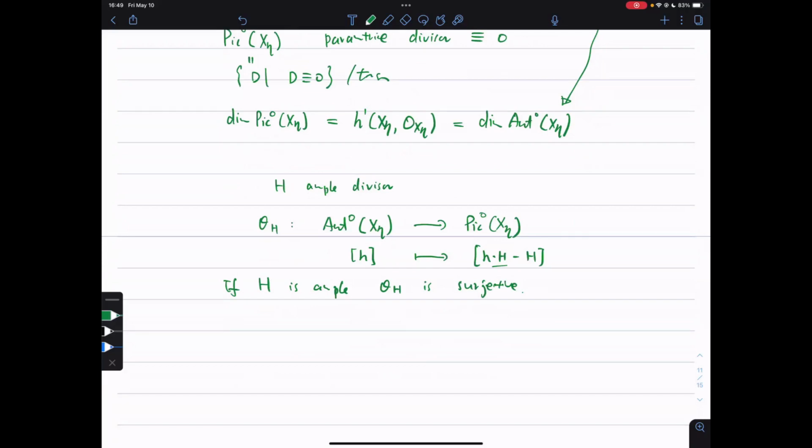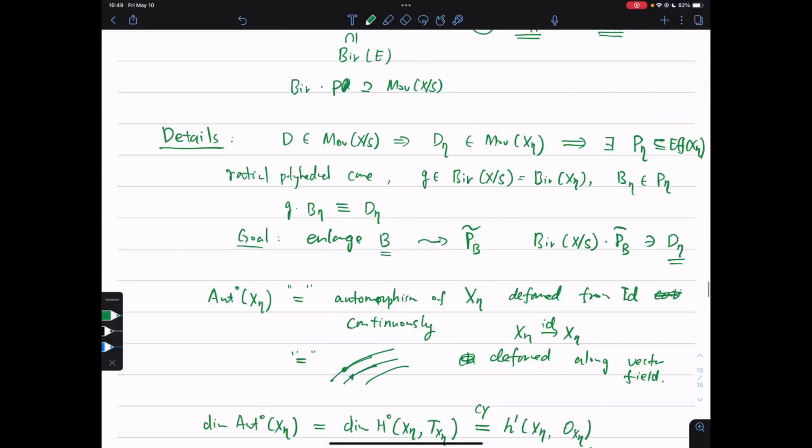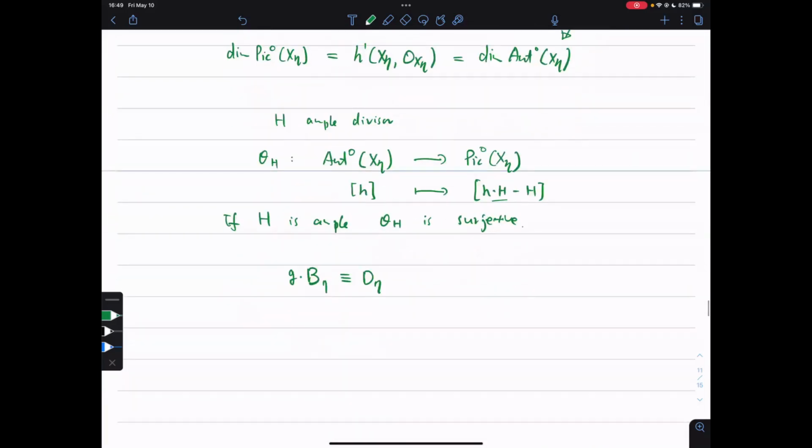So now we can use this fact. Recall what we had before. We have a divisor B_eta, and we know some action of B_eta is numerically equivalent to D_eta. This is our choice. Let's first consider an easy case, assuming B_eta is ample.